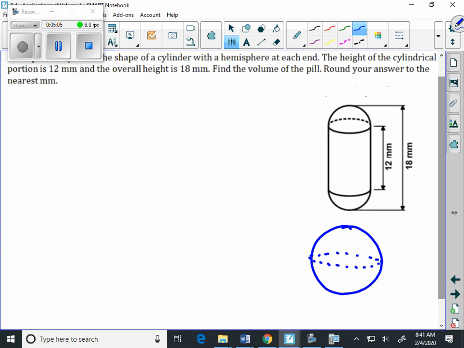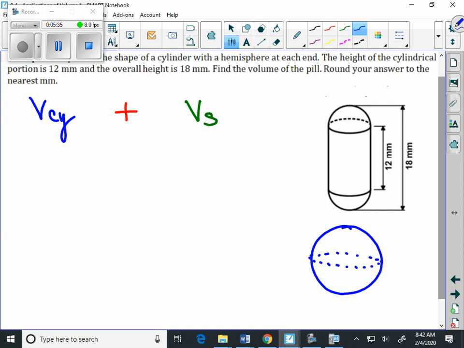So ultimately we're going to take the volume of the cylinder and the volume of the sphere, and to find the overall volume, this time we're going to be adding these two together. But we need to do a little bit more work on this problem.